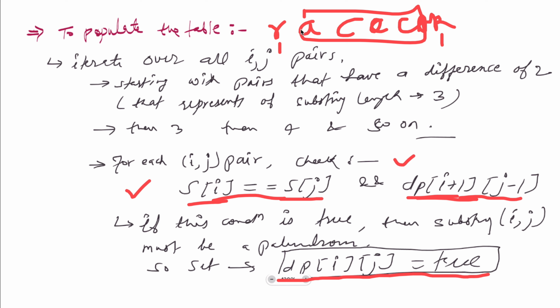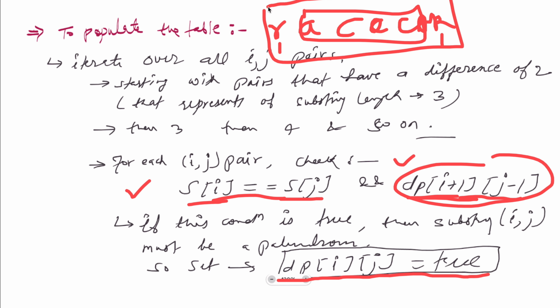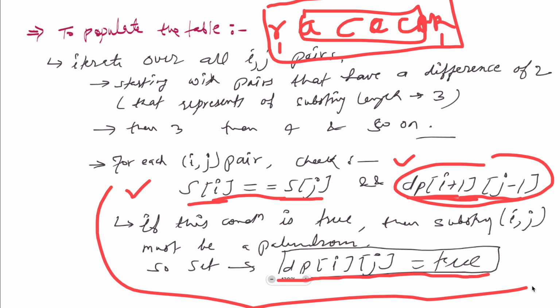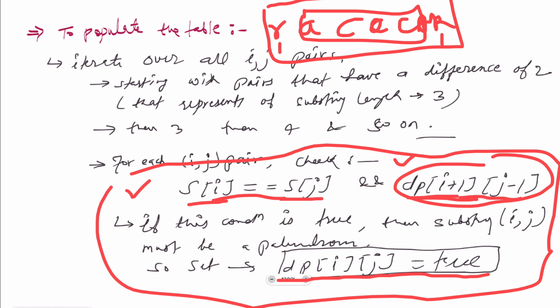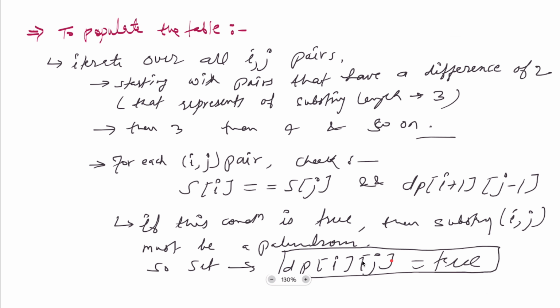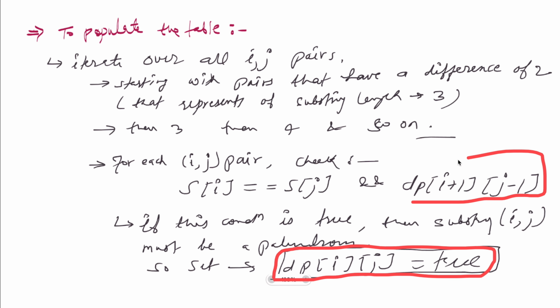If the inner part is true, then we can say that from here to here is also true. That is the line we are saying here, right? I hope you understand. Each I and J is marked true only if the smaller length inside is true.